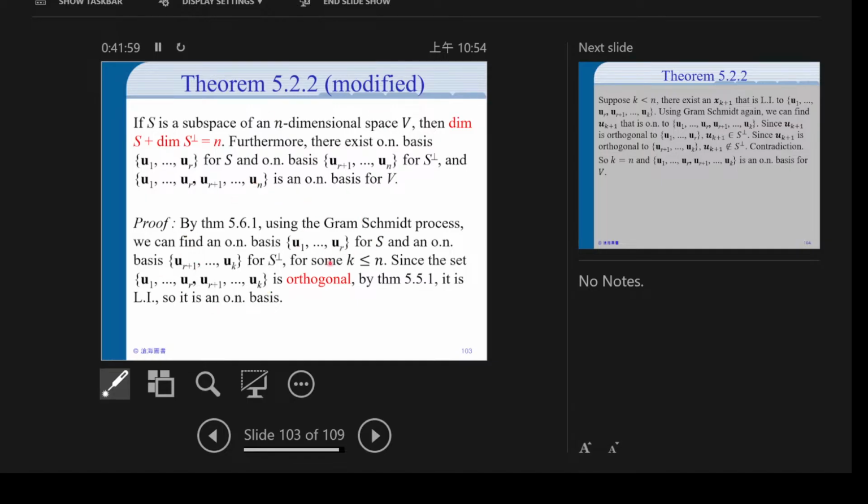So we find an orthogonal basis for S and an orthogonal basis for S perpendicular, with a total number of basis elements being k. And because S and S perpendicular are orthogonal to each other, this set will be orthogonal. But I guess we are still missing something.